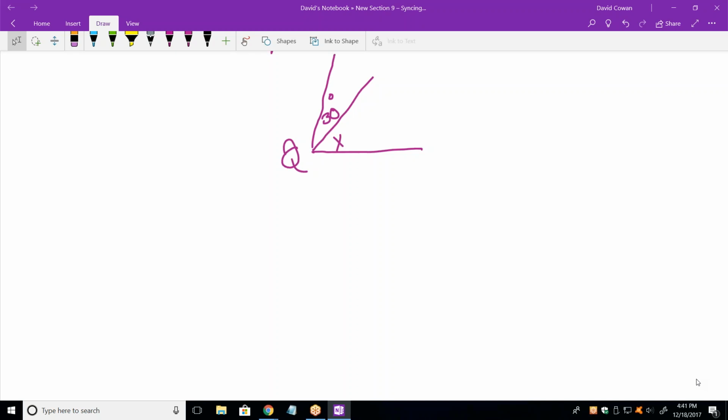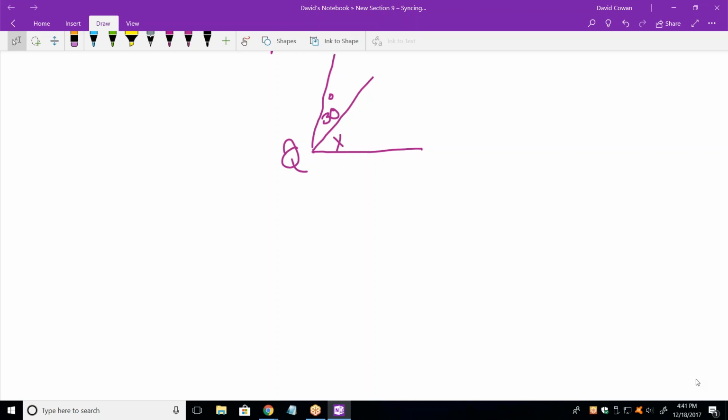Any guesses on how we should do this? Maybe figure out... not sure. Here's what we know how to do so far. We know how to copy an angle, and we know how to bisect an angle.